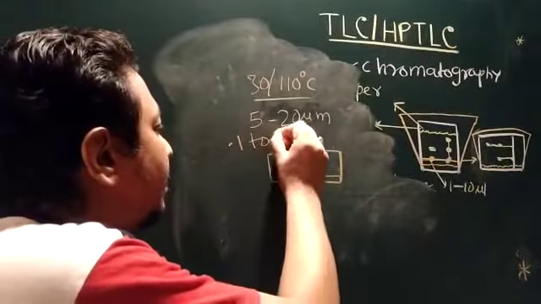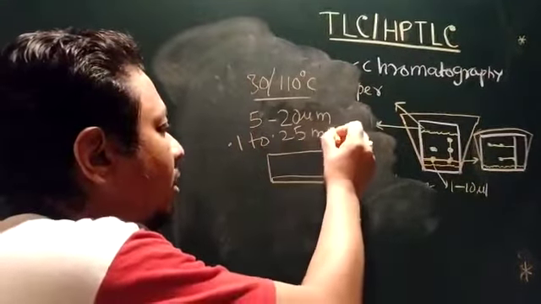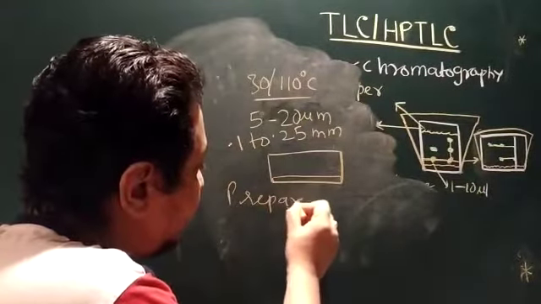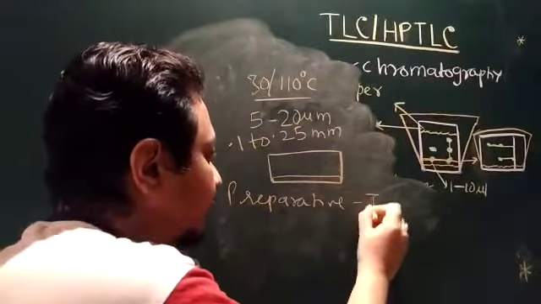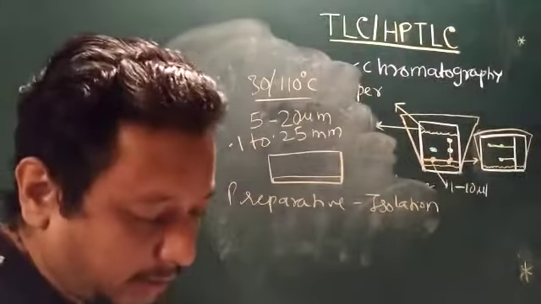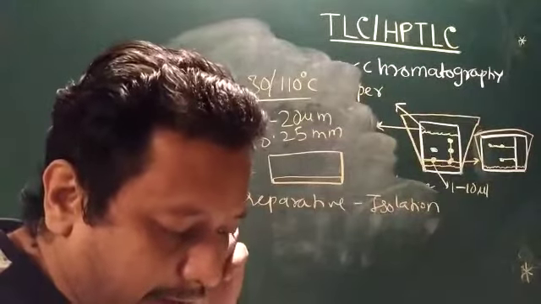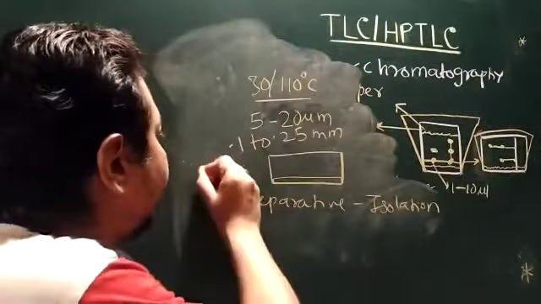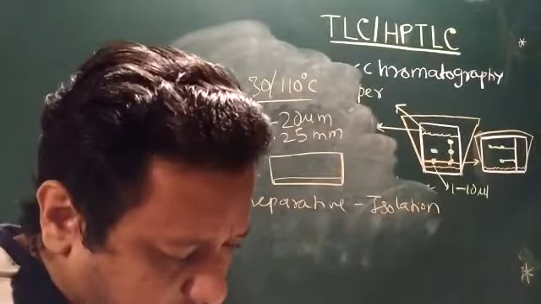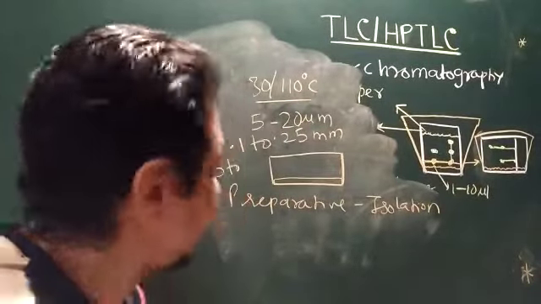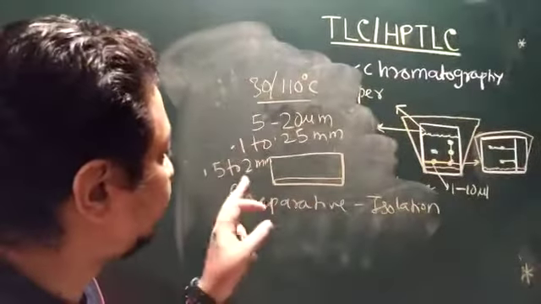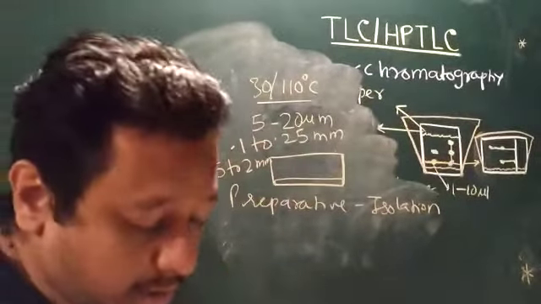But if we use preparative purpose, that means for isolation purpose, that time we use the thickness around 0.5 to 2 mm. Yes, it is more, 2 mm, okay. So this is the difference, because we are going for isolation.